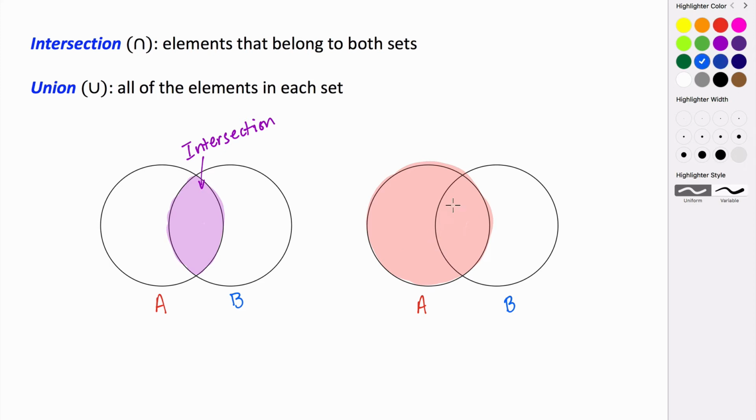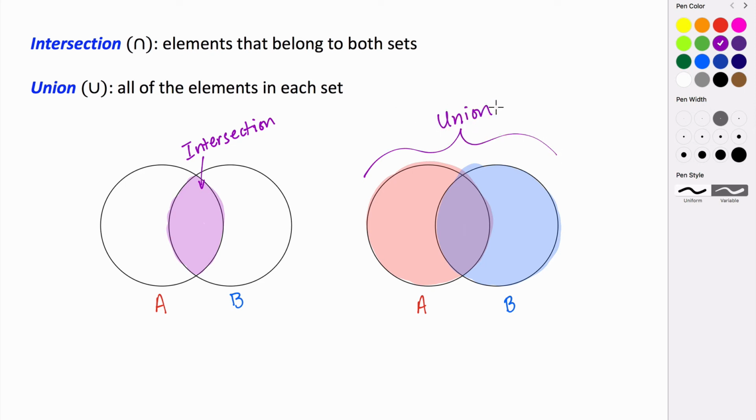And then everything in B here, the whole circle for B. The union is just everything, all of the elements in A and B put together. So the union contains elements that are just in A, elements that are just in B, and then also elements that are in both A and B. And that would be the union.